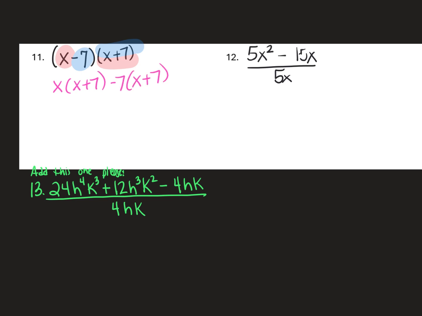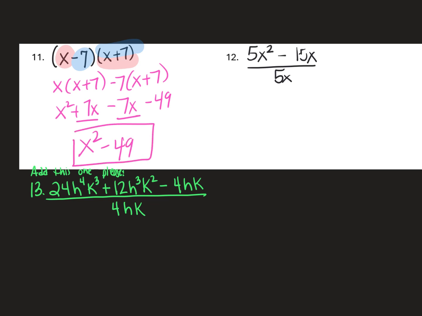That's going to be x squared plus 7x minus 7x minus 49. Then combine my like terms. That makes 0, so my answer is x squared minus 49. That's the answer to the quantity x minus 7 times the quantity x plus 7.